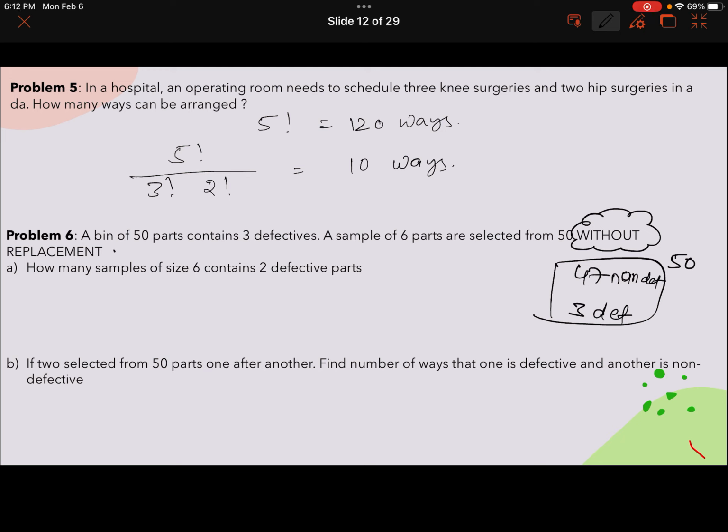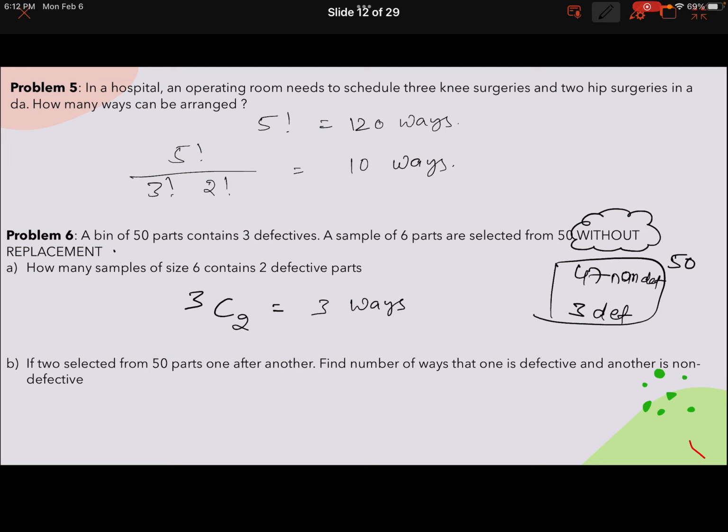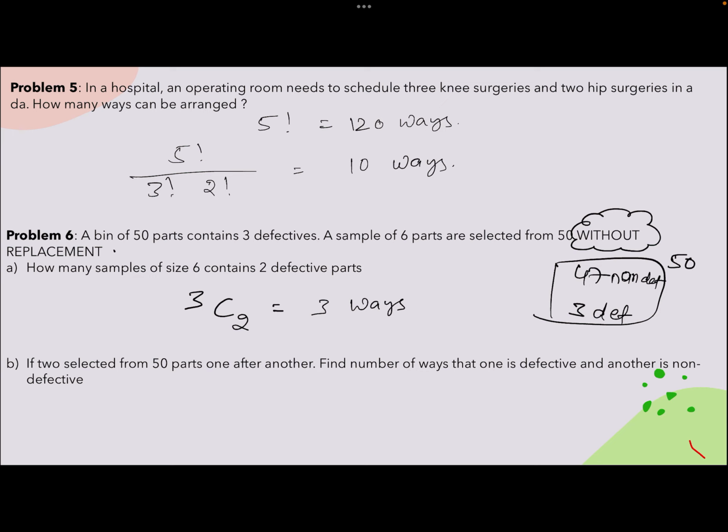Here we are selecting 2 from 3 defective parts. So out of 3, we are selecting, that's why we use combination, 3C2 ways. If 2 are selected from 50, one after another, find the number of ways of selection. One should be defective, another should be non-defective.